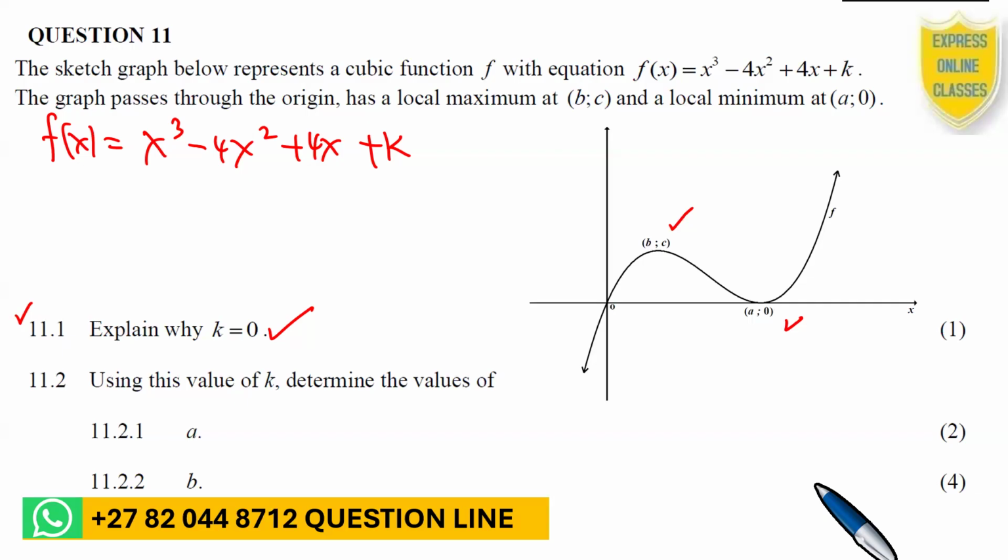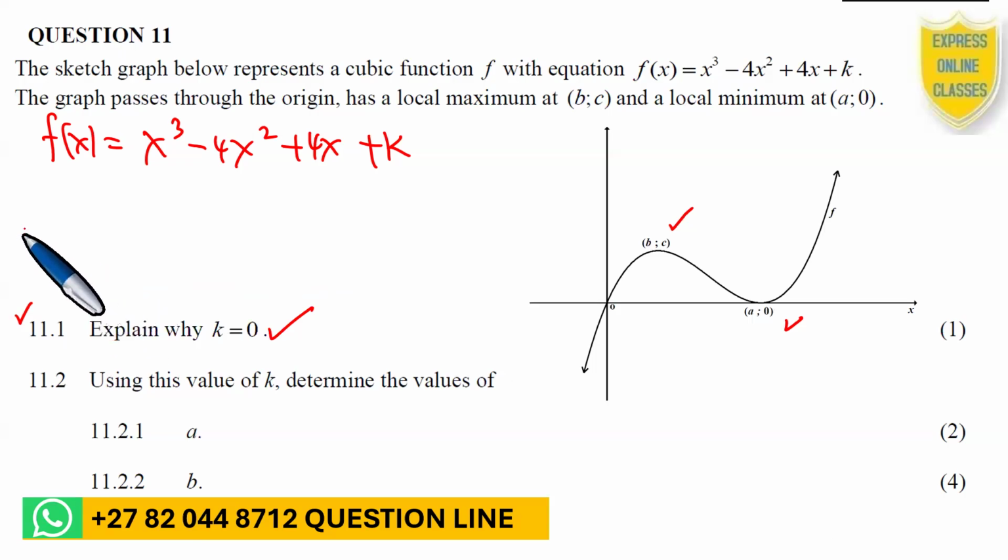So we continue. Explain why k equals 0. It is the point where the graph touches the x-axis.